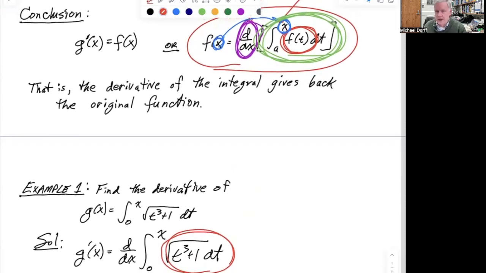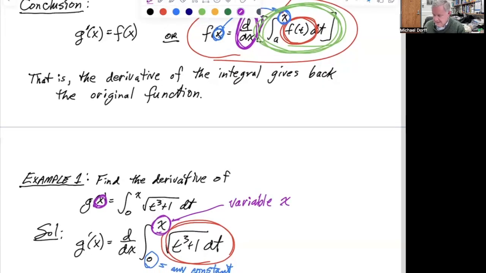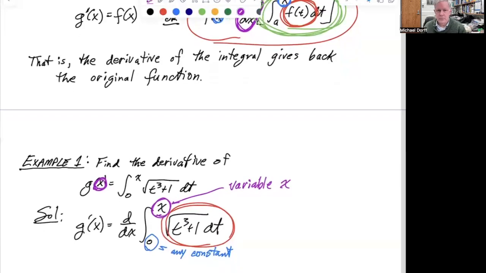It says that if I take the integral first, and on my integral I have a constant, any constant, in this example a 0, and the top limit is the variable x, which is the variable of our function, then if I do that integral and then take the derivative, I get back what's in red.